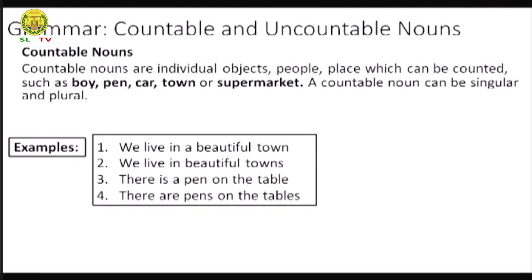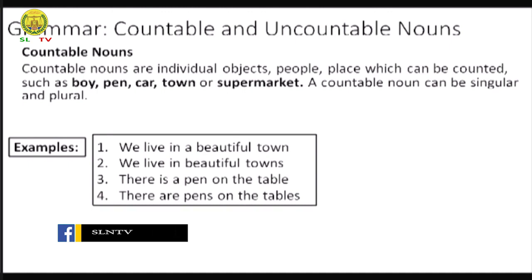As you see in these examples in your book, the first example: we live in a beautiful town. Town here is a noun. It has been preceded by beautiful, which is an adjective, as you know. So town here is a countable noun.